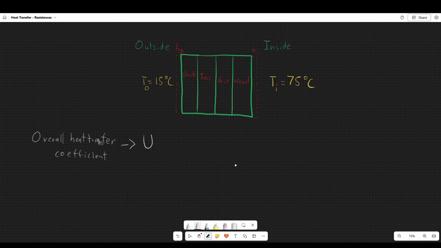U is what we're usually going to call the overall heat transfer coefficient, not H. That's an individual kind of heat transfer. We're talking about a heat transfer coefficient that's going to encapsulate all of this. Okay, so we have U.